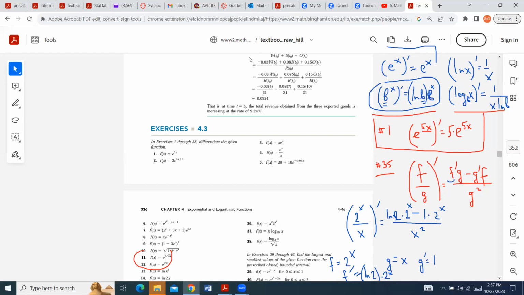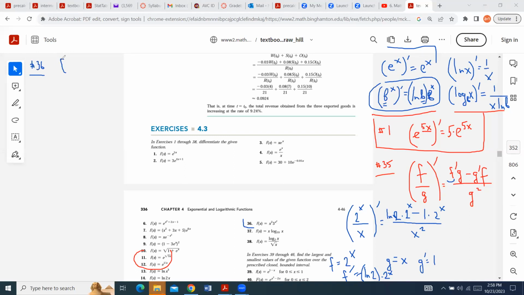Let me do it. That's another one I found. See, I tried real hard. So 36 and maybe 37. Let me do one of them, 36. So it's analogous, but now for a change, it's a multiplication. Every once in a while, you deal with a quotient or a product that you cannot really do anything with.